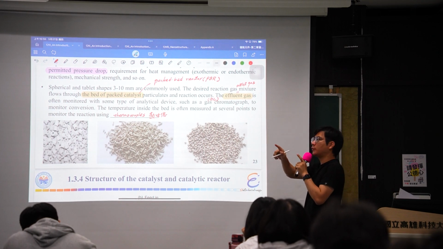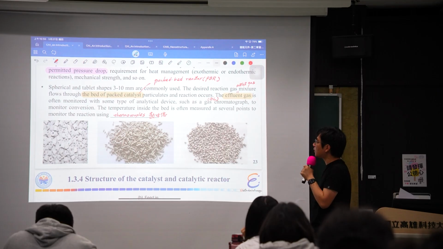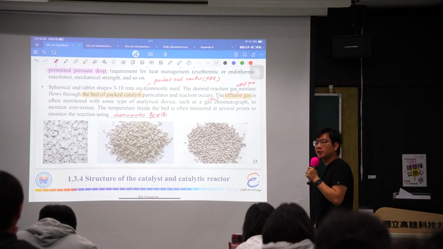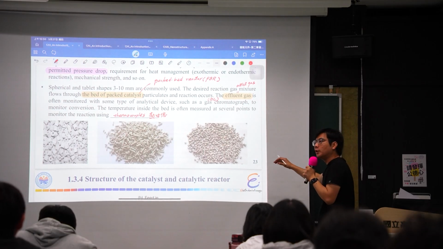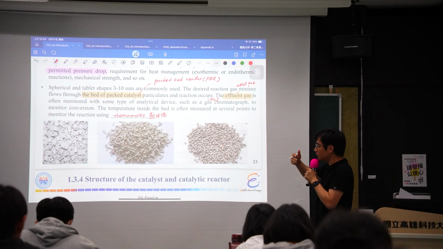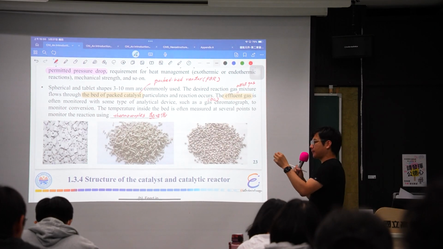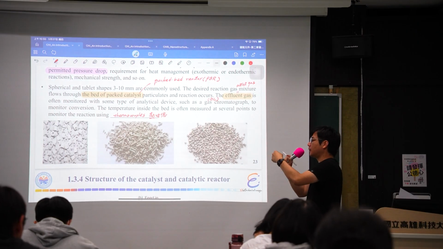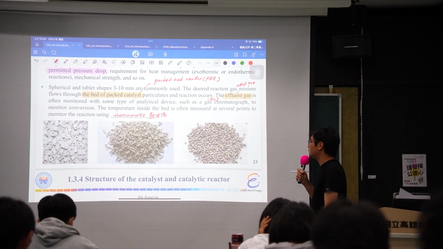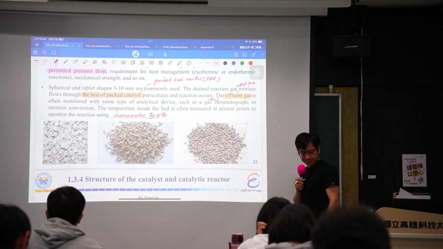Okay. Monitor the reaction. We're using thermocouple. You might see this thermocouple in the furnace. You open the furnace, you see there's a nickel wire. Okay, that is thermocouple. Okay, measure the temperature.